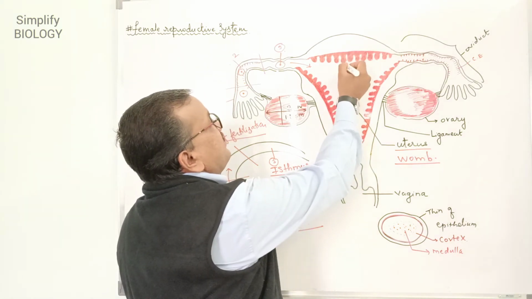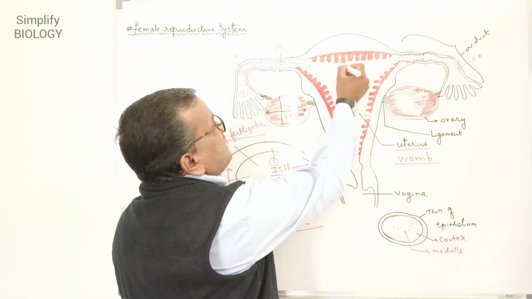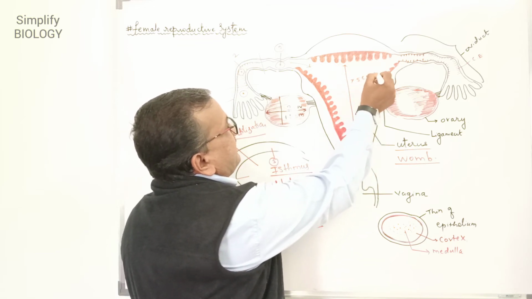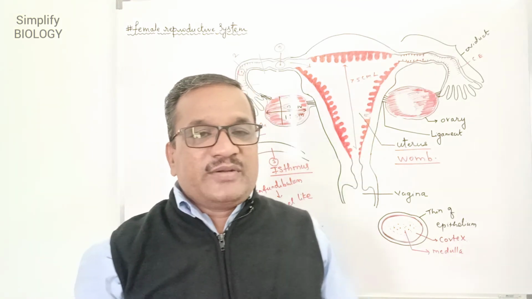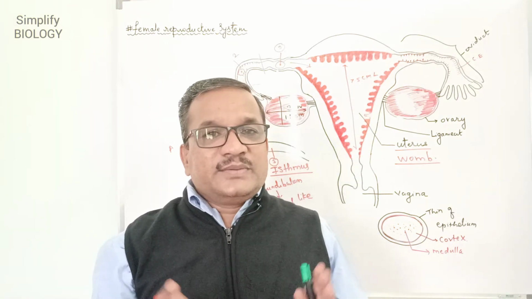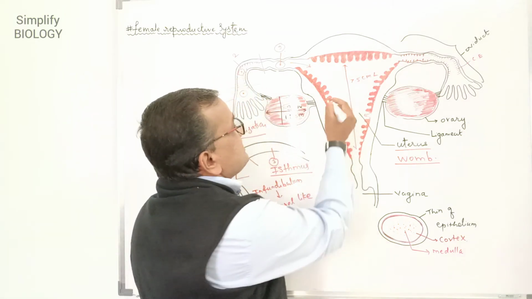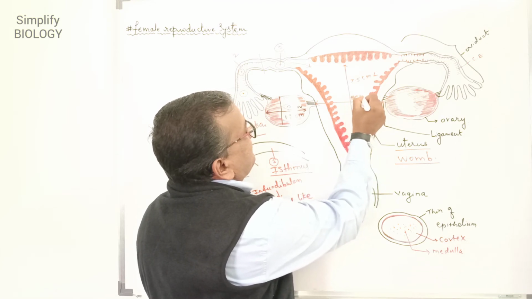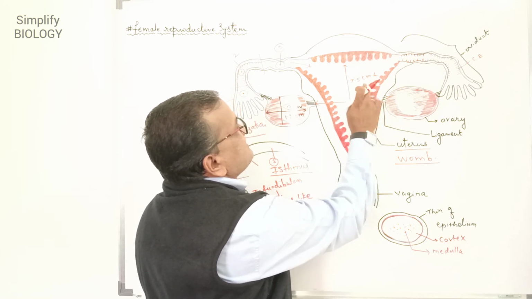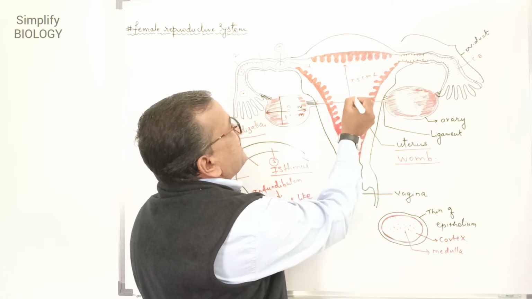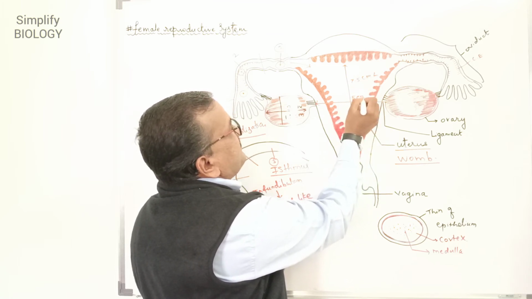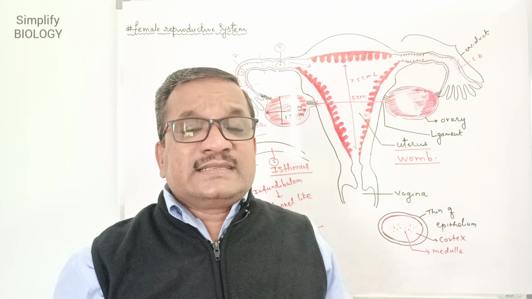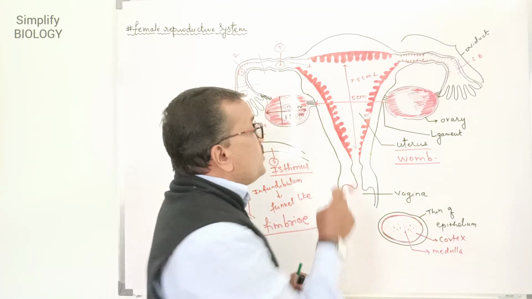So the length of the uterus is 7.5 centimeter, and its breadth is 5 centimeter, and its thickness is 2.5 centimeters.